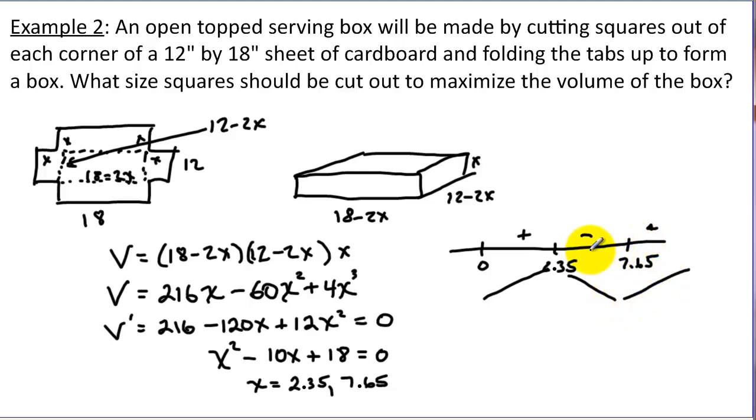But again, the most we could cut out would be 6 inches. Anything over 6, our side here would be a negative side. But we're looking for a max, and we have a max here. So our square that we want to cut out is 2.35 inches by 2.35 inches.